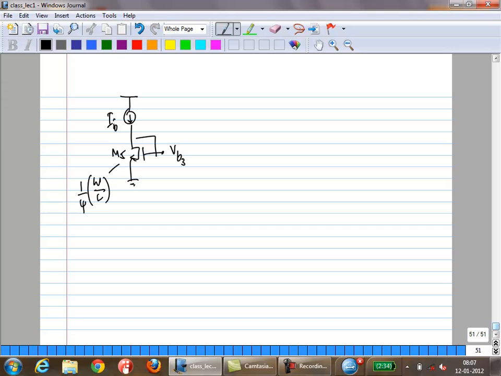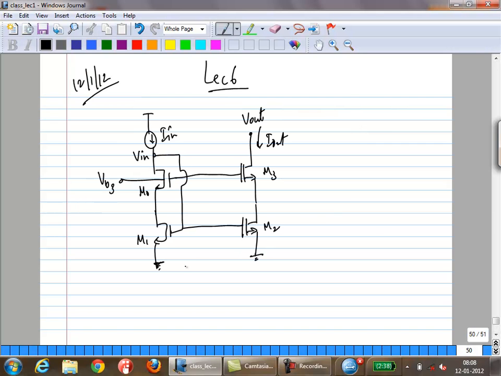So you might have to design this voltage with some margin in mind. You'll have to find out what the extra body effect is and design accordingly. If you just design it exactly equal to VT plus 2 VDSat, the actual VDS for the lower transistor M2 will be lower, because the VTs are different.